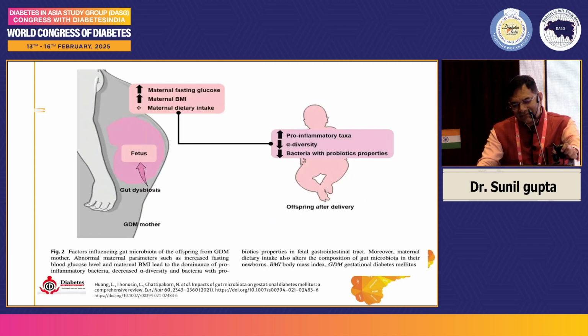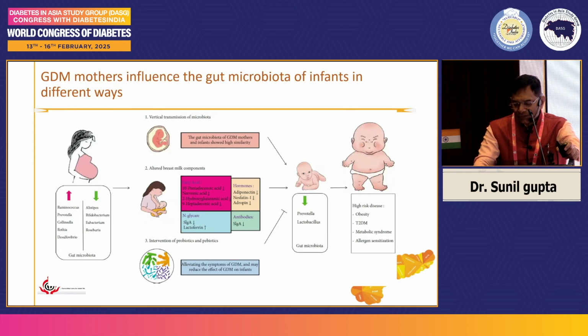So there is some data now that we call gut dysbiosis, which has been shown in GDM women. There are some good bacteria which are less, and some bad bacteria which are more, and they might increase the maternal fasting blood glucose and maternal BMI, and they are pro-inflammatory to the baby and may cause obesity in the offspring.